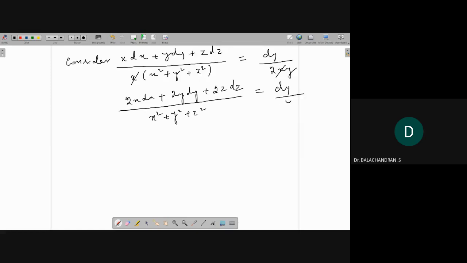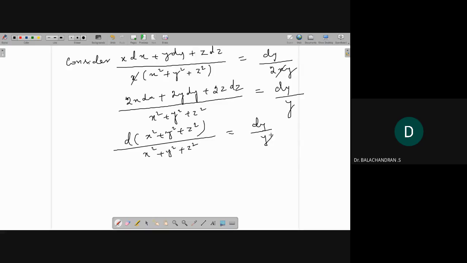Now you can write the numerator as the differentiation of the denominator, x square plus y square plus z square. That is the reason I take the multiplier xyz, but you need to work it out. It is not easy to choose directly.